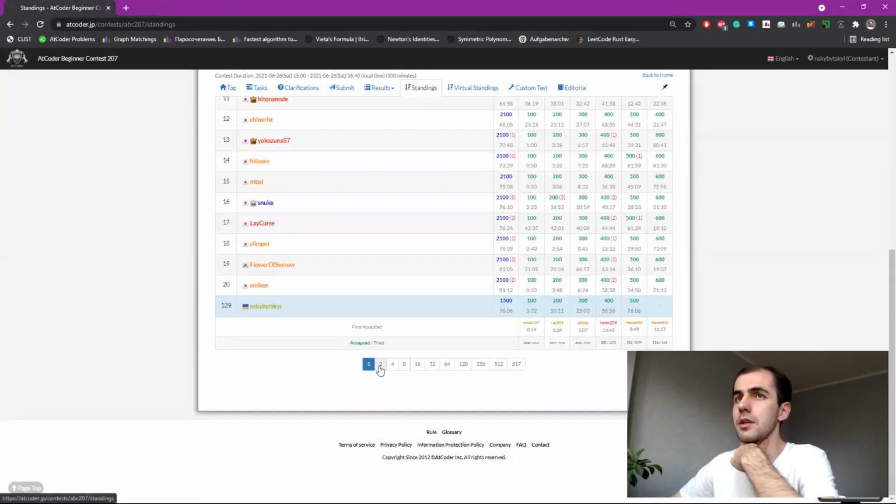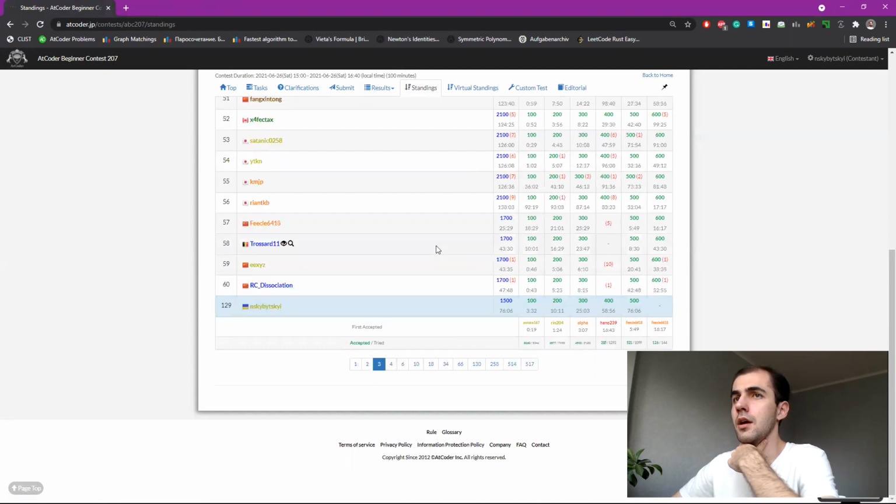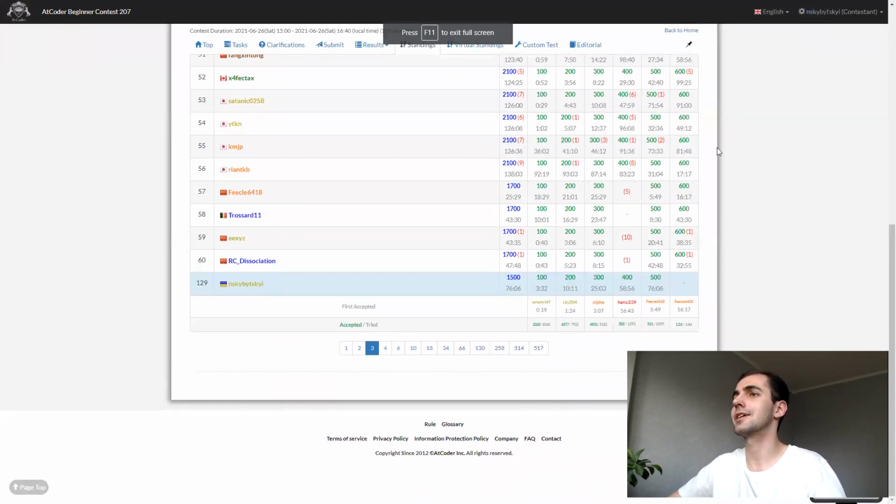Yeah, as you can clearly see, I'm very surprised. No, if I'm honest, I'm not surprised, because I knew it was going to be that way. Nobody likes geometry. You can see the solve count is 1 in 5. The solve count for E is 1 in 2, and the solve count for F is almost 100%.